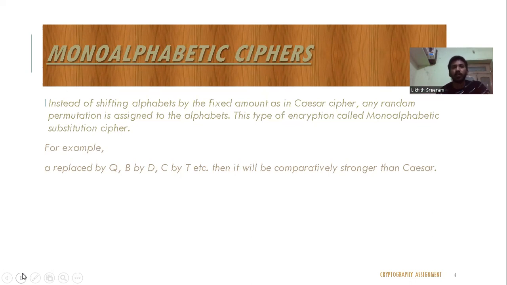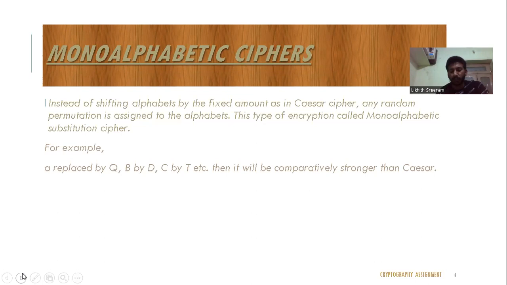In the best case, one attempt is enough to find it; in the worst case, 26 attempts would be needed. So compared to the Caesar cipher, monoalphabetic cipher is far better, whereas the Caesar cipher takes hardly 25 attempts.